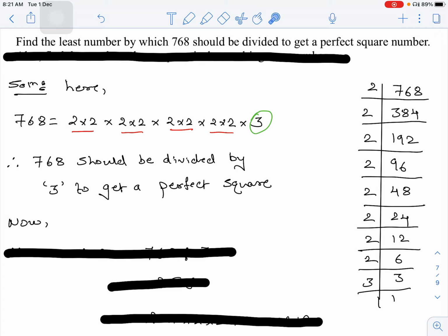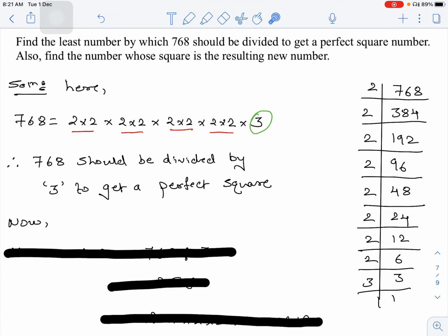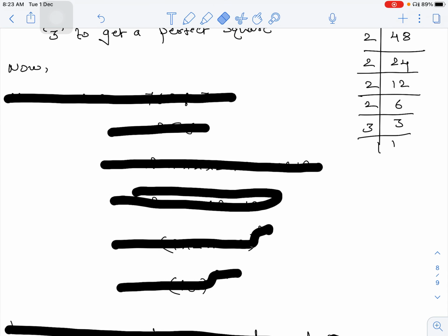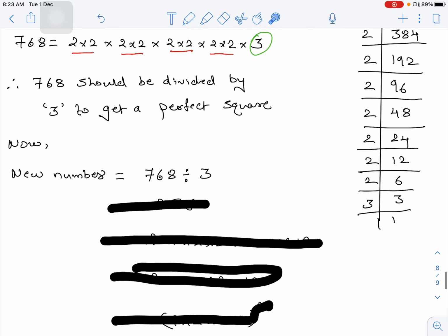Okay, now let us see the next part of this question. It is given: also find the number whose square is the resulting new number. So first let us find the new number. Our new number will be 768 divided by 3. Why divided by 3?